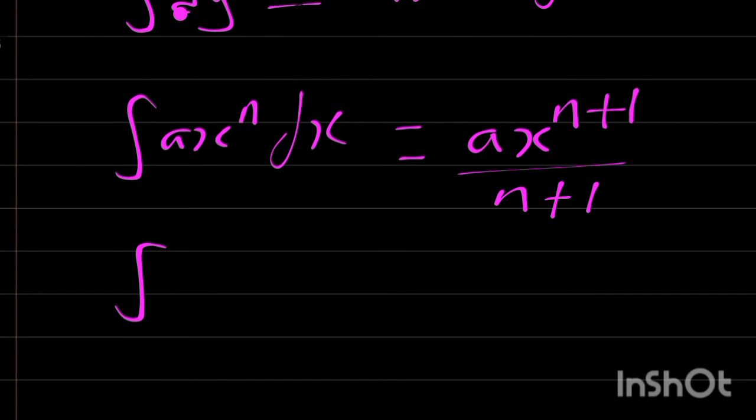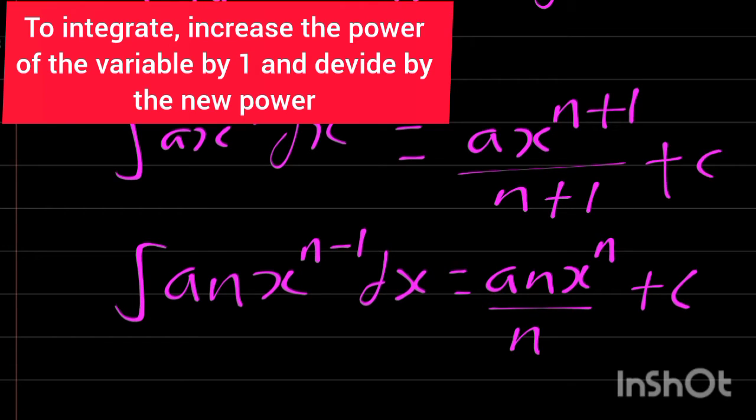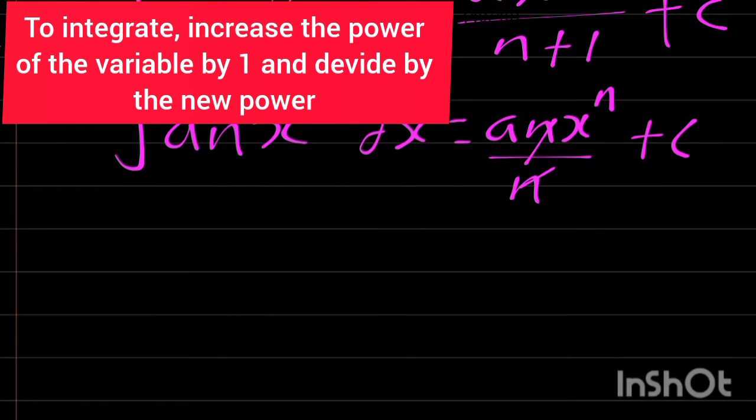So in the same way, if I'm to integrate anx raised to power n minus 1 with respect to x, I am supposed to have anx raised to power n minus 1 plus 1, that is n, divided by the new power, n. But anytime you integrate, always add a constant c. You can see that n will cancel n, and we have our ax raised to power n back.